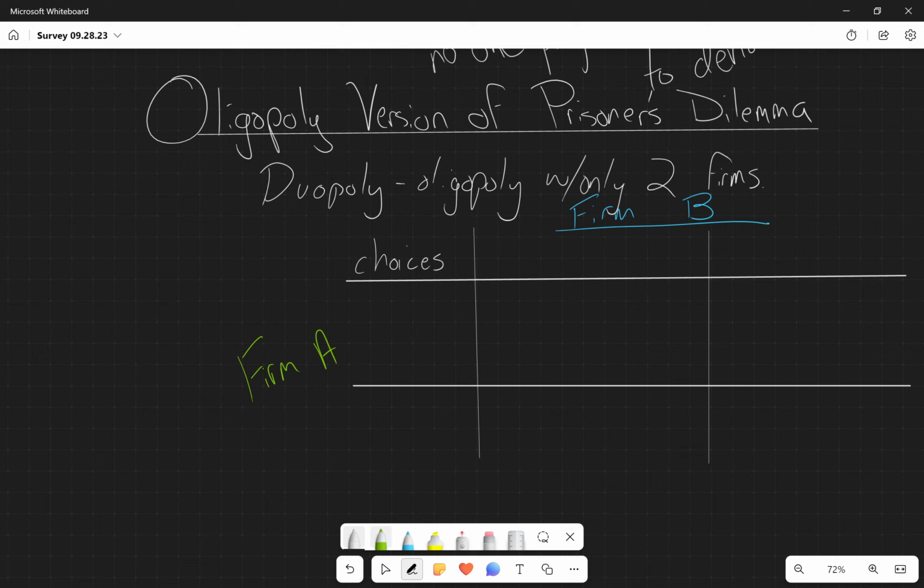And the choices that we are asked to decide from, being the firms, is whether or not we should hold down output. And this is essentially cooperating with other firms, or whether we should increase our output. And this would be not cooperating.